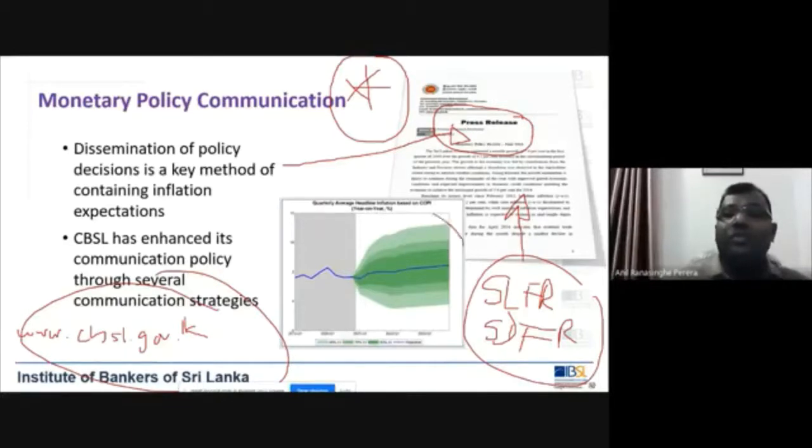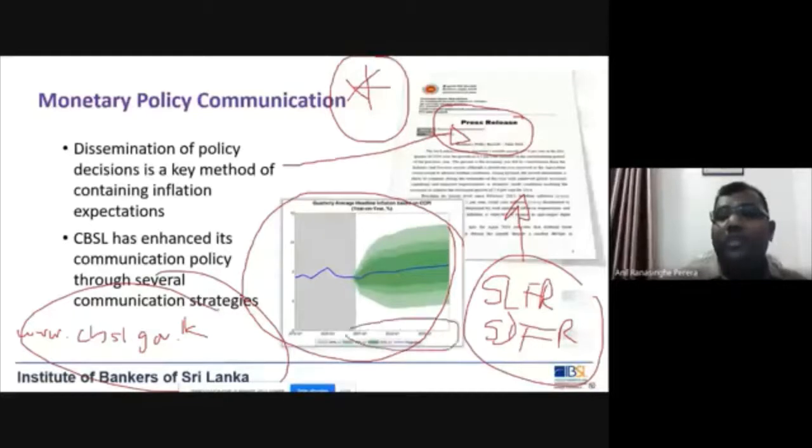Now in this latest press release, we have this chart. It says going forward, what will our inflation be? Is it going up or going down? Based on the current forecast, in the next 2 years we will see inflation is basically flat, which means there will be no pressures on prices as per the current estimates.